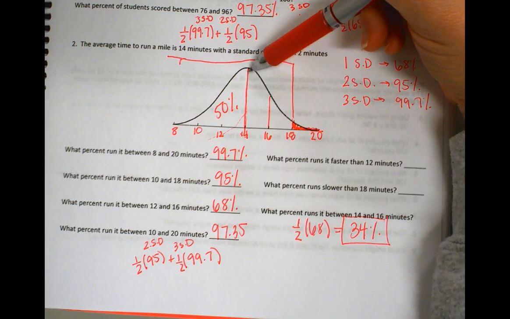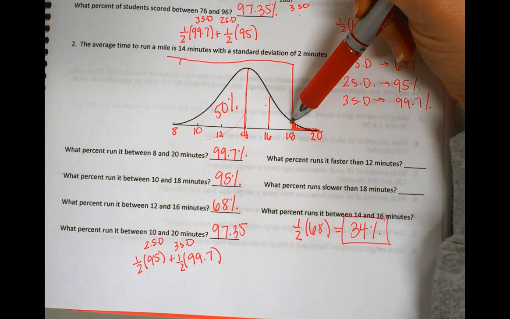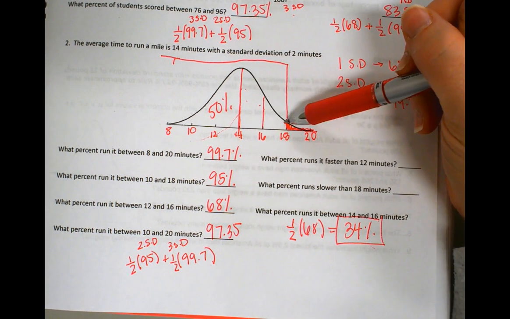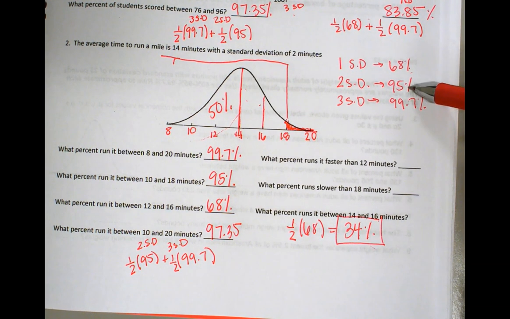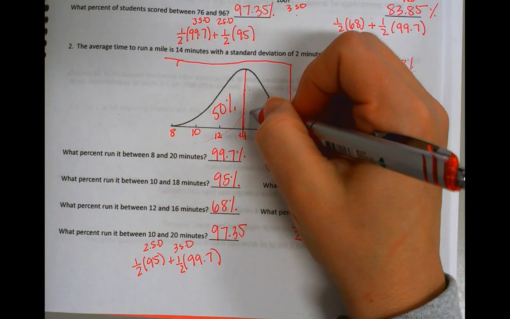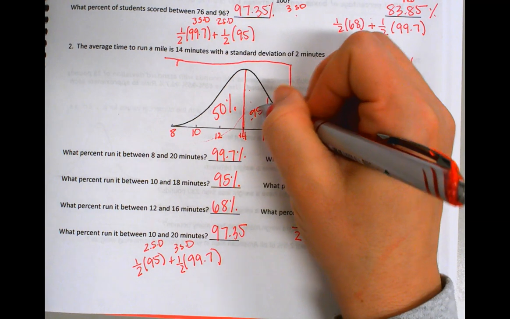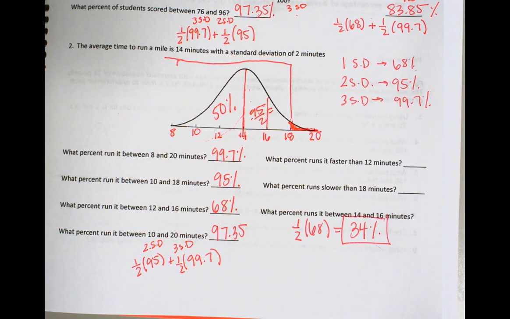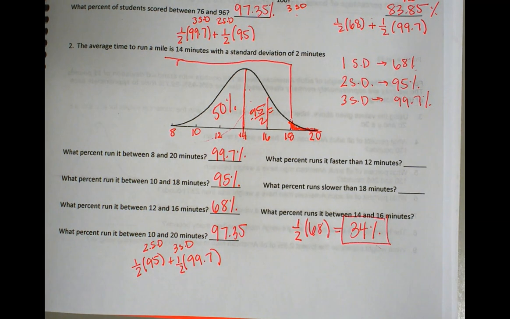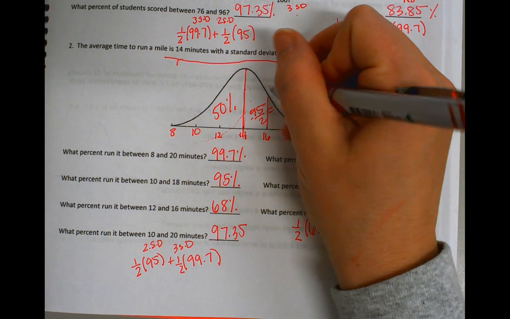Well, then on this side, I went 2 standard deviations this way, but just in one direction. So 2 standard deviations in one direction is half of the 95%. So if I do 95 divided by 2, I get 47.5.